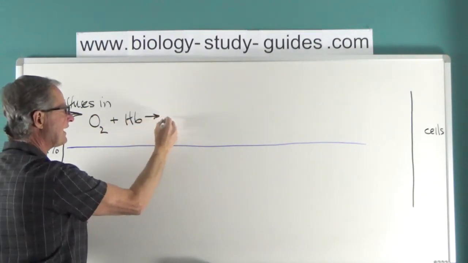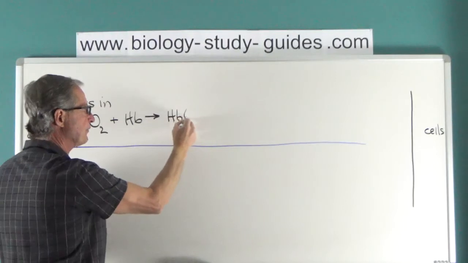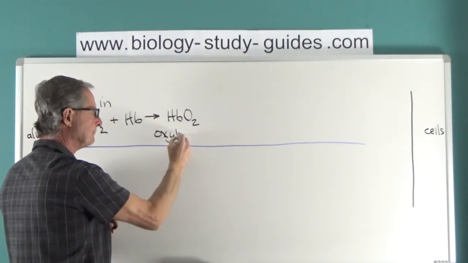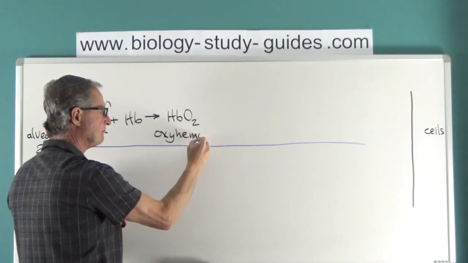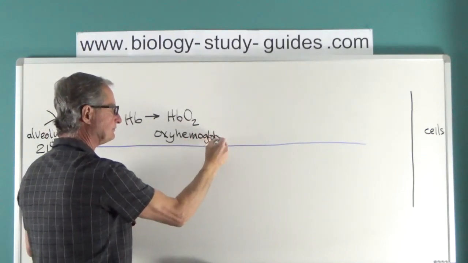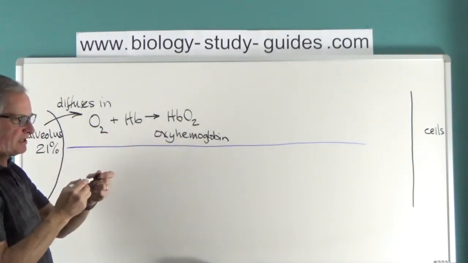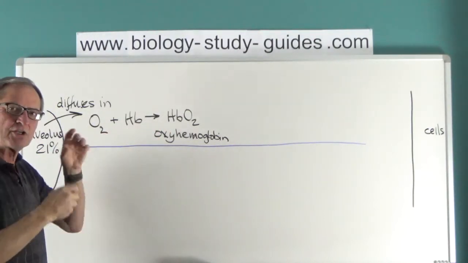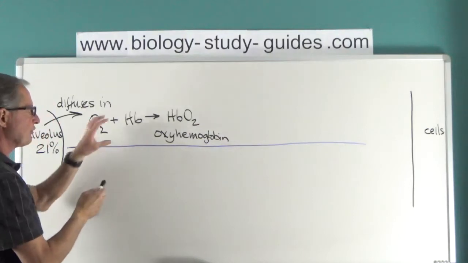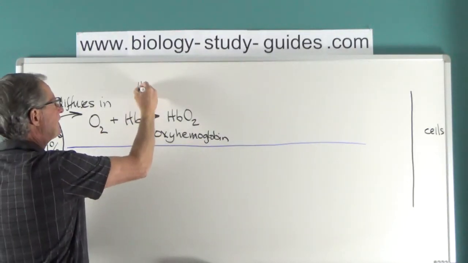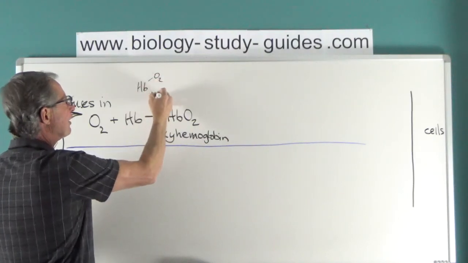When it's in the blood, it bonds onto hemoglobin. The product of that is abbreviated this way. Its name is oxyhemoglobin. This highlights the fact that hemoglobin is a very, very specialized transport molecule. If you remember in a previous video, we mentioned that hemoglobin can actually bond onto 4 oxygens.